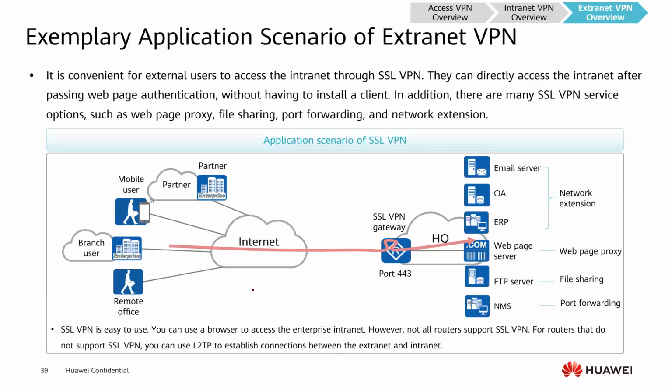Okay. So here is an example application scenario for the SSL VPN. For example, some partners or maybe mobile users use this SSL VPN gateway to access the network resources which you allow them to access, for example email, OA, ERP, web page, FTP, network management services, those kinds of things.